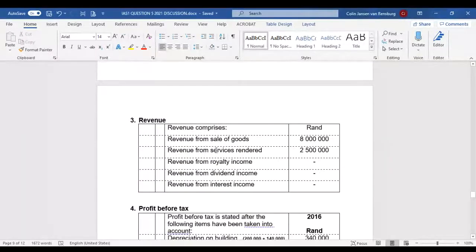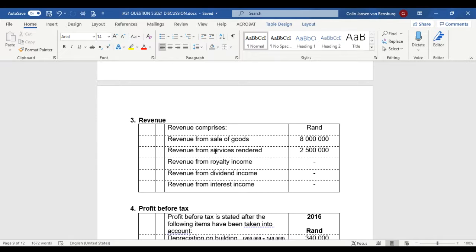So revenue, ladies and gentlemen, simply put, we're going to give it a title, and we're going to give each note a number. So this note happens to be note number 3, and its title is revenue. And then we give it a little introduction, ladies and gentlemen. It doesn't have to be an essay, doesn't have to be a long paragraph. We just give it a little introduction. This is a very short little introduction.